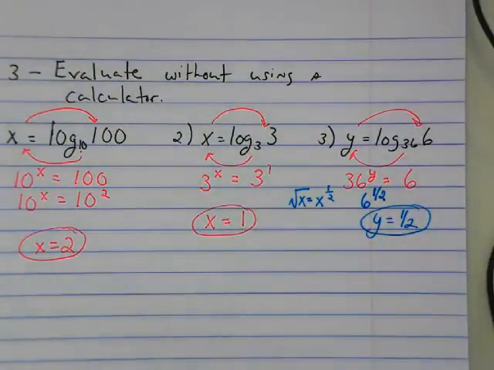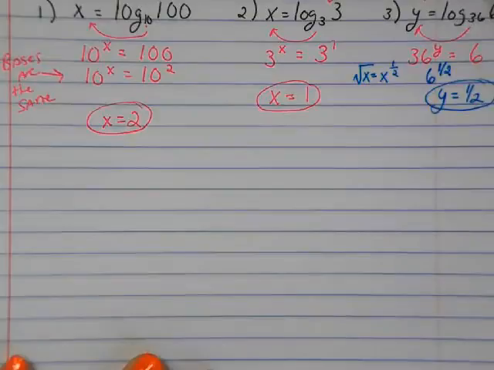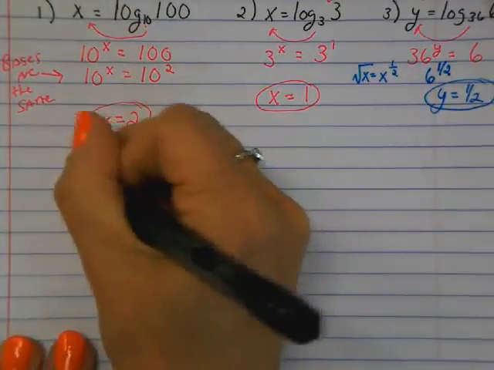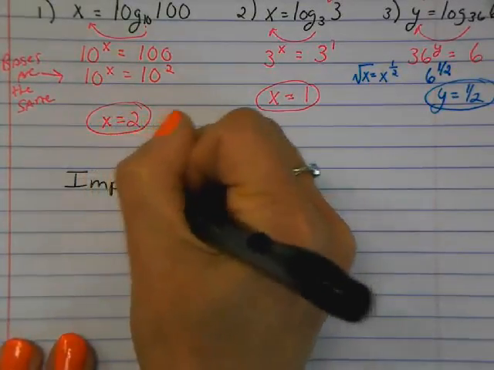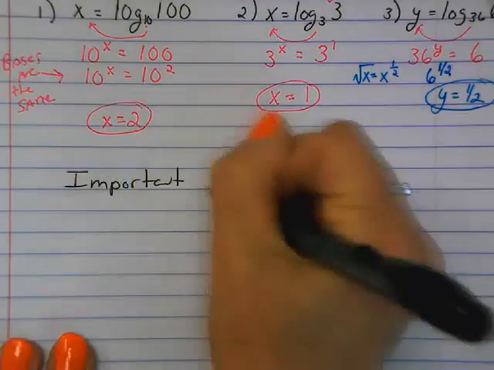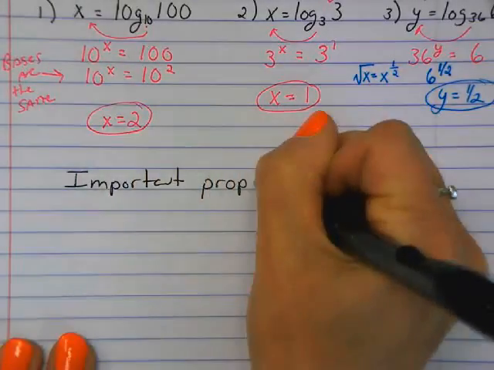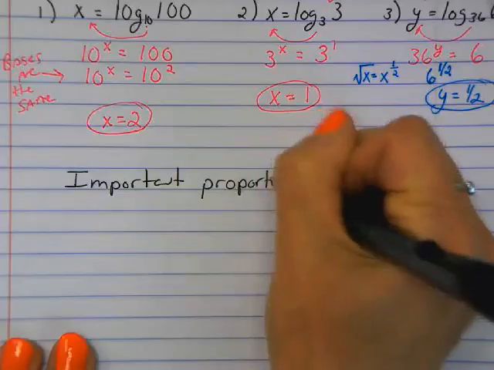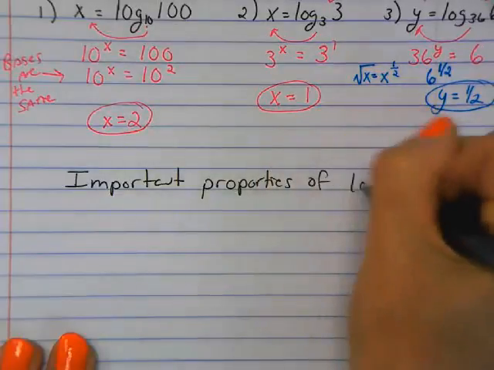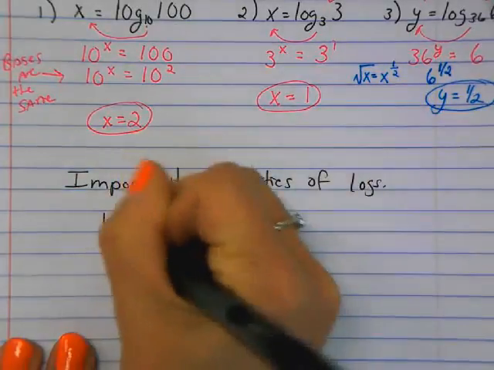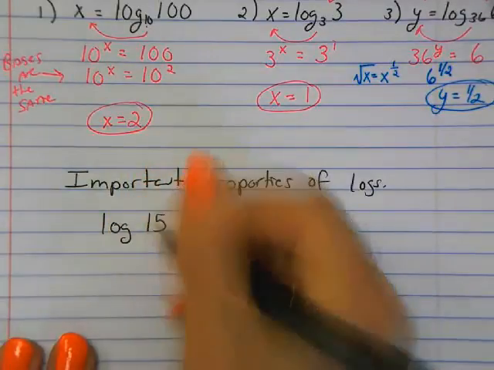Alright, some important properties of logs. First one, if there is no base, it's understood to be base 10.